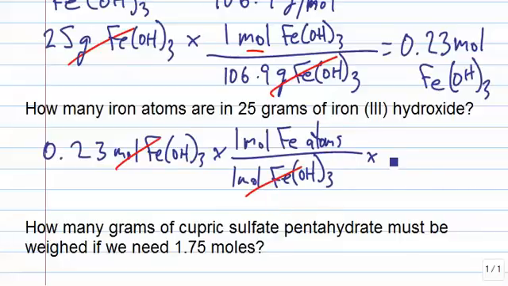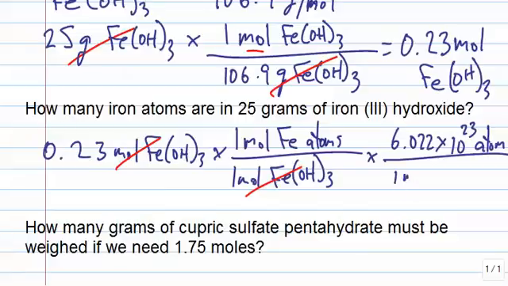And now we're going to use Avogadro's number. 1 mole is equal to 6 times 10 to the 23rd units. So in this case, we will multiply 6.022 times 10 to the 23rd atoms per 1 mole of atoms.